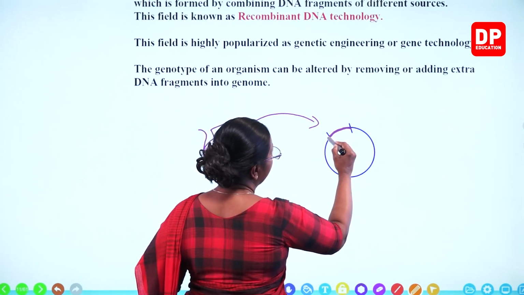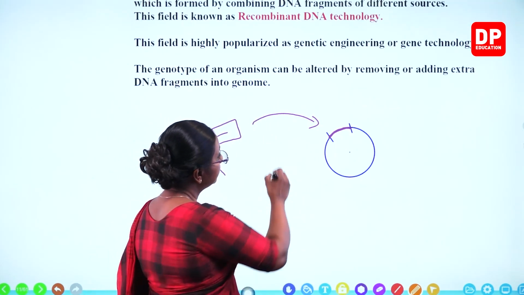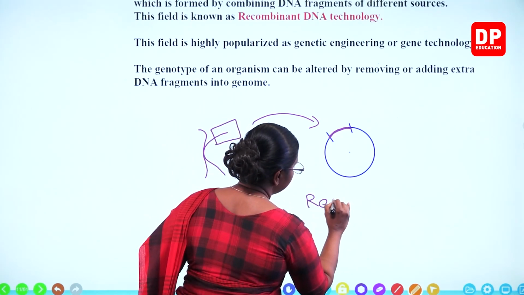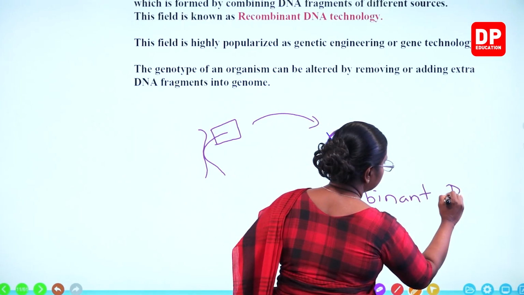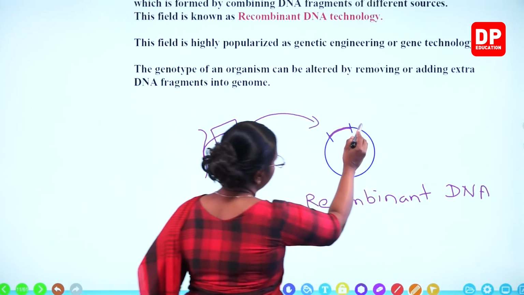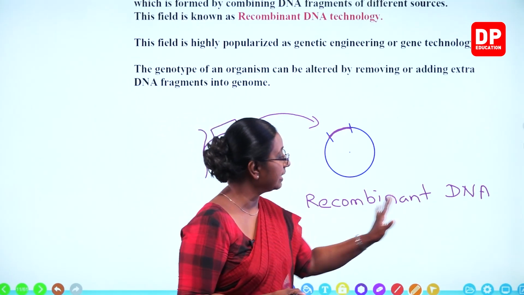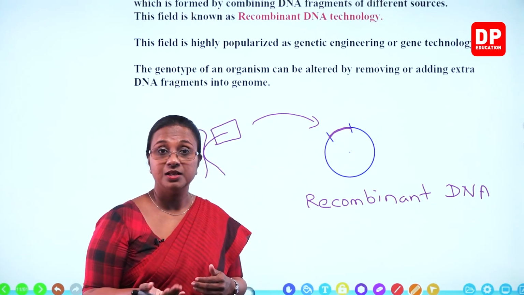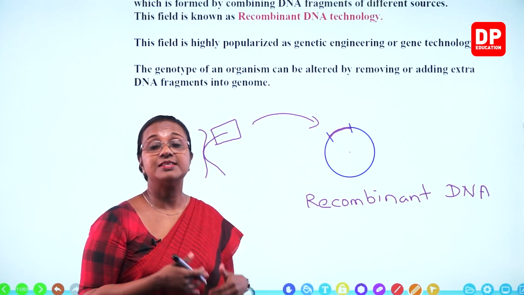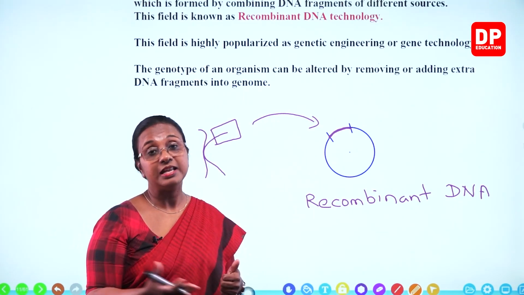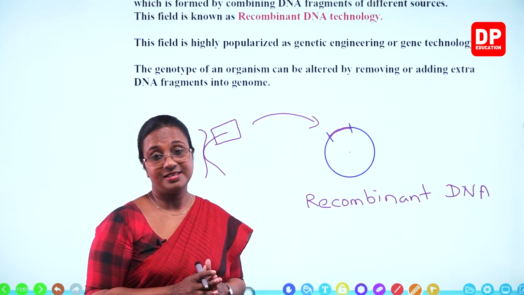The blue color part and the pink color part have been introduced into that. So now this DNA is known as a recombinant DNA. You have removed part of it and inserted another part. It has been recombined, and the technology used to do that is known as recombinant DNA technology. I'm sure you all can understand that basic concept.